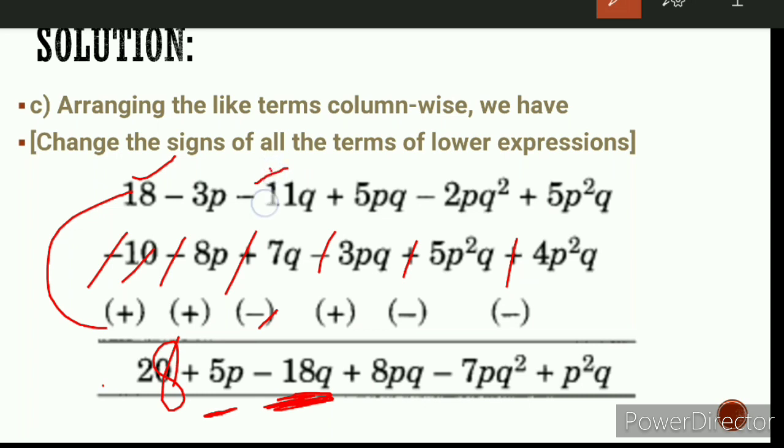The greater number's sign we put; the greater number here is 11. Whether adding or subtracting, in the answer put the greater number's sign. Here these two are the same sign, add: 8pq. Here also the same sign, add: 7pq square. And plus 5 minus 4 gives plus 1. 5 minus 4 is 1.